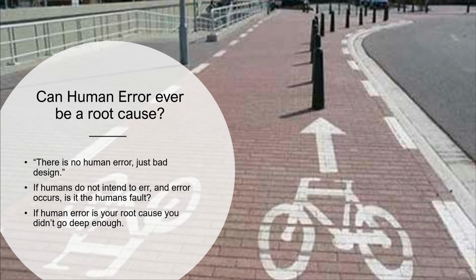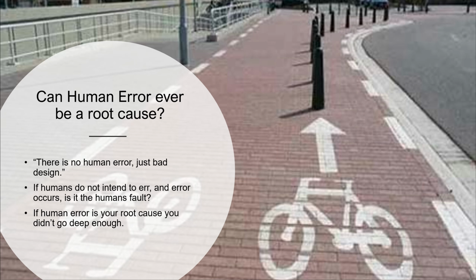And typically in accident investigation, cause analysis, and those kind of aspects, that answer is no. So in human factors, we have a saying: there is no human error, just bad design. And this is where we go back to those first couple slides about what does it mean to have an error and what are the pieces of it.